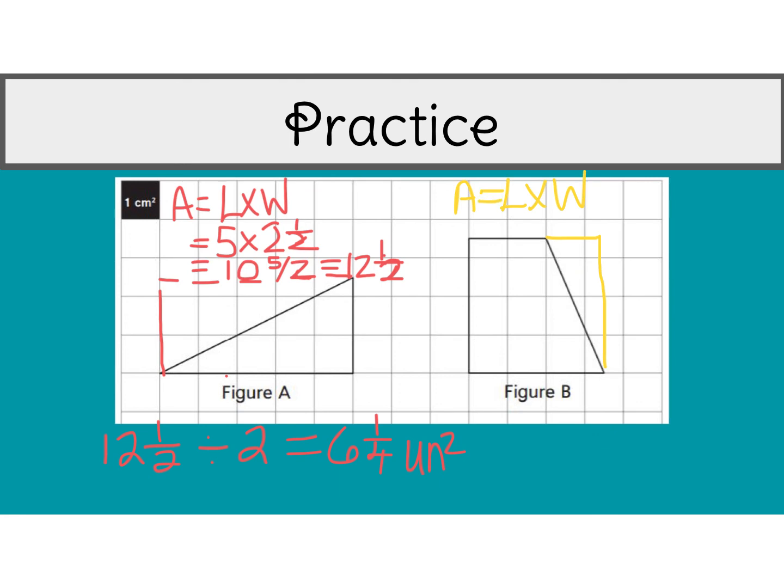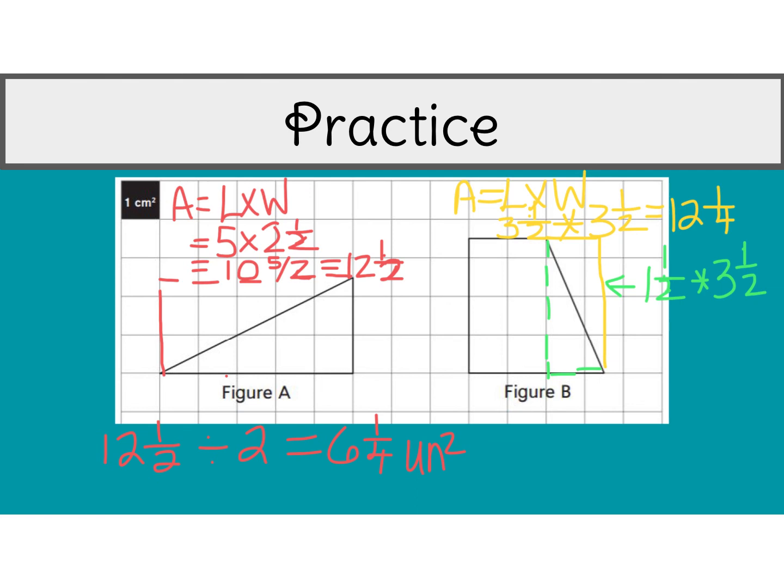My length is going to be 1, 2, 3.5, and my width is 1, 2, 3.5. Looks like 3.5 by 3.5. So we are going to multiply that out.